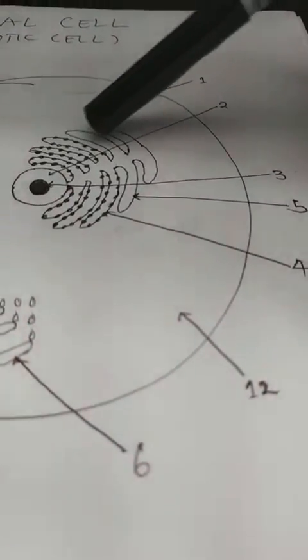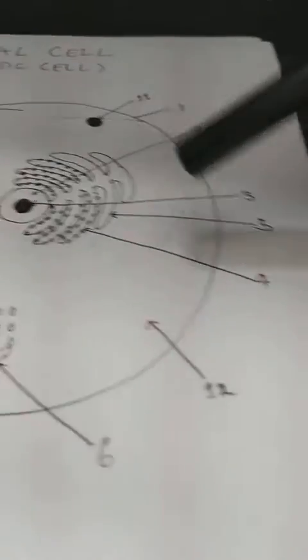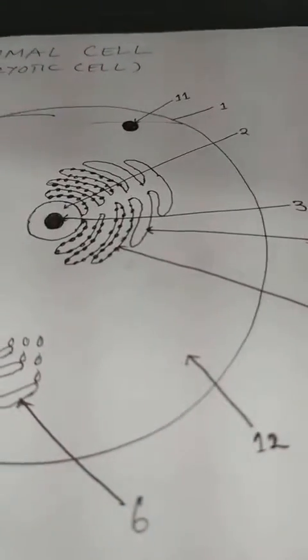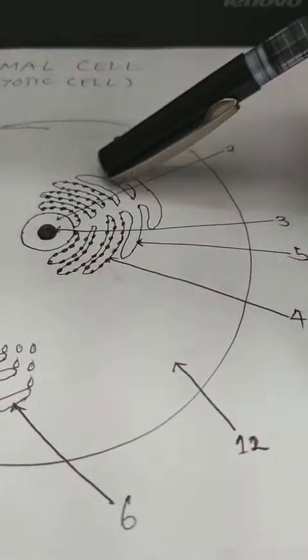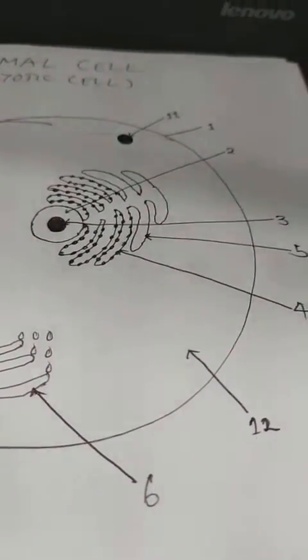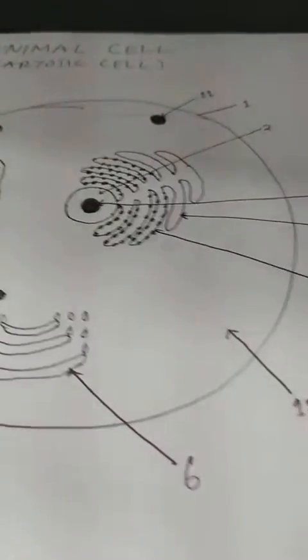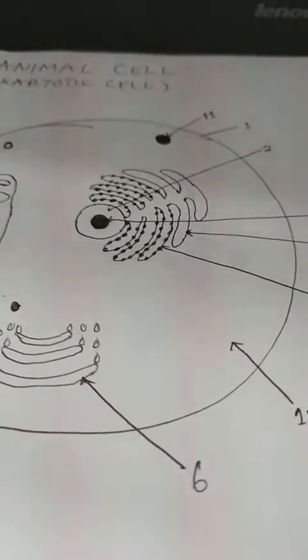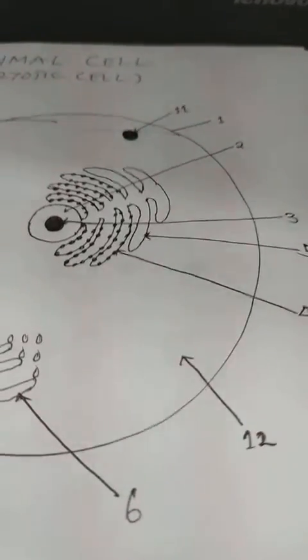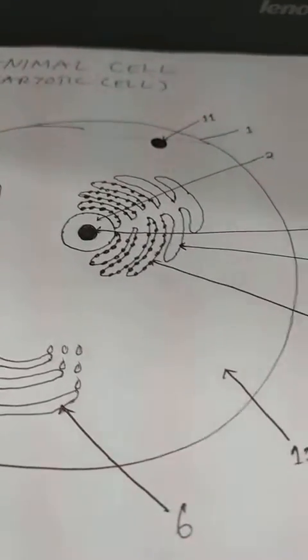We also have the structure labeled by number 5, which is the smooth endoplasmic reticulum. If we look at it, it does not have any ribosomes attached on its surface, on its membrane. This suggests that the smooth endoplasmic reticulum is not involved in direct synthesis of protein.